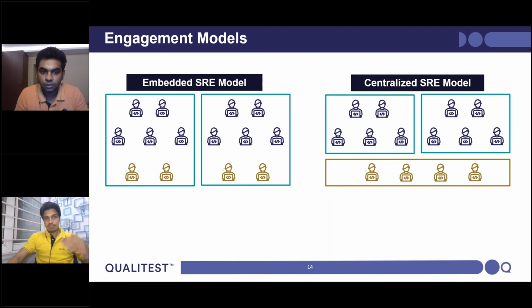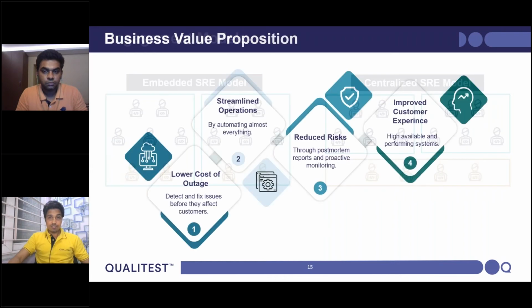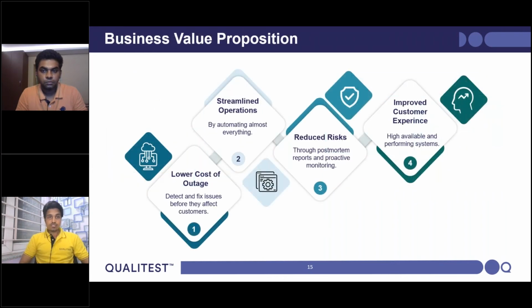Having seen these models and having heard about the responsibilities, roles, tools, technology skill set, the maturity roadmap, and the engagement models, this clearly shows how businesses can start identifying these SRE skills, how to groom them, and what models to follow for getting broader business benefits.